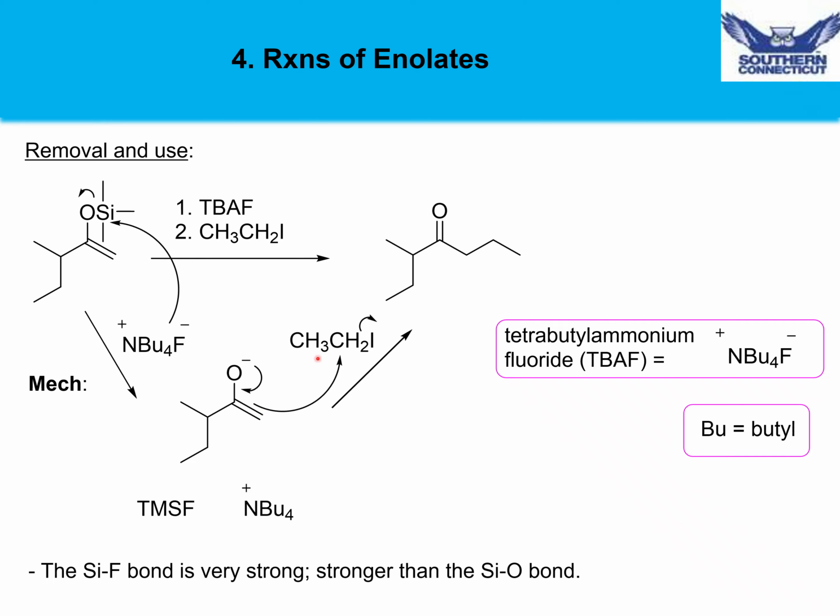So if we add an alkylating agent like this ethyl iodide, we can add an ethyl group at that position. So in this reaction, we're essentially doing two reactions in one. We're removing the protecting group and then doing an alkylation reaction on the alpha carbon.